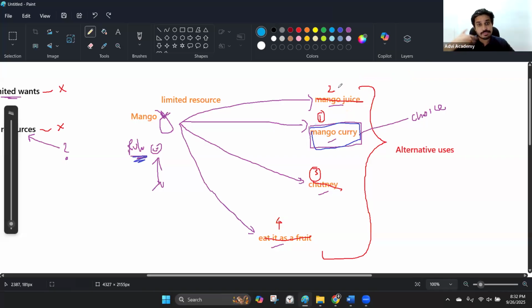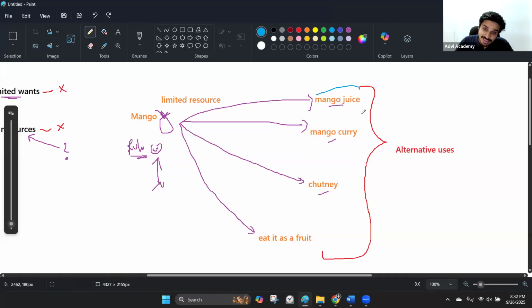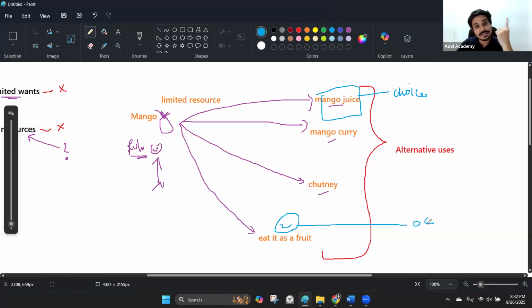But if I am making this choice, I am a big mango juice fan, so I will go for mango juice, and probably from this list, eating it as a fruit will be my second choice. So for me, my opportunity cost is eating it as a fruit, whereas for that person, Ruth, his opportunity cost was the juice. It changes from person to person.